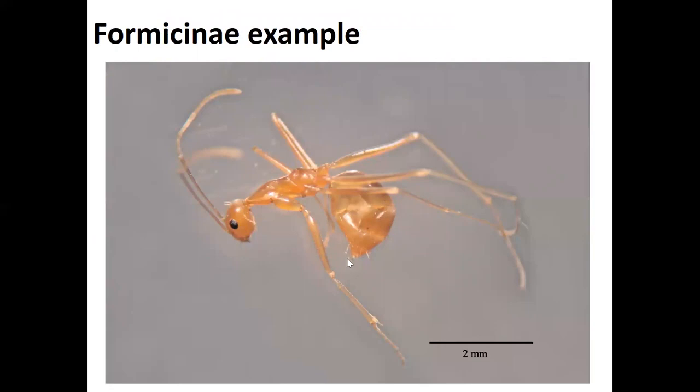Okay, now this is a Formicinae example. If you look here very carefully, you can see a fringe of setae. Setae are like hairs. Here you find short setae together with a circular structure, the acidopore. So in the lateral view, you see the acidopore in this manner.